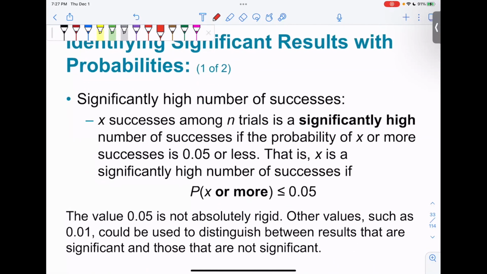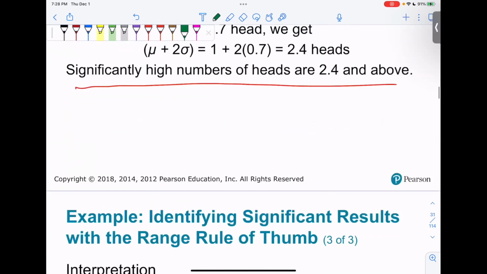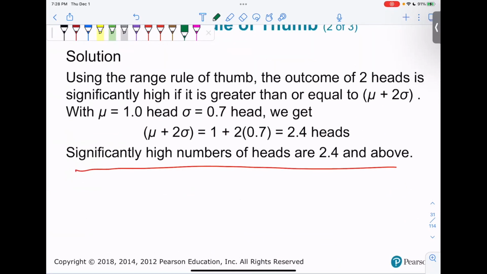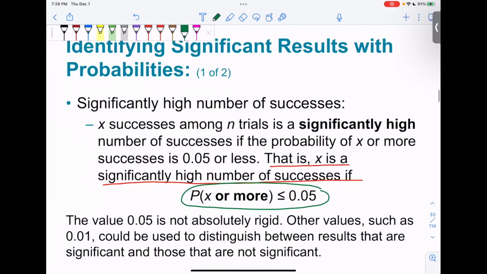Okay, and then significantly high number of successes: we can say X is a significantly high number of successes if the probability of X or more successes is less than 0.05. Until now we discussed the value of the variable itself, but here we will discuss the probability.